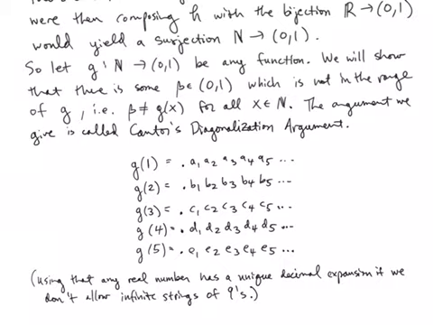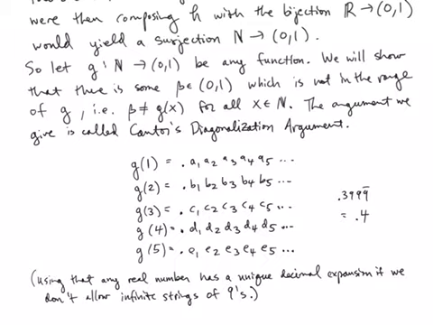What we're going to take for granted is that any real number has a unique decimal expansion, as long as we don't allow infinite strings of 9s. You might be aware that something like 0.3999 with the 9 repeating is the same thing as 0.4. That would look like two different decimal representations of the same number.